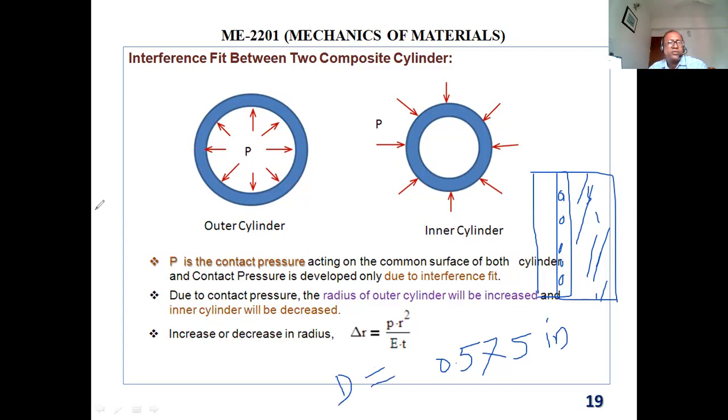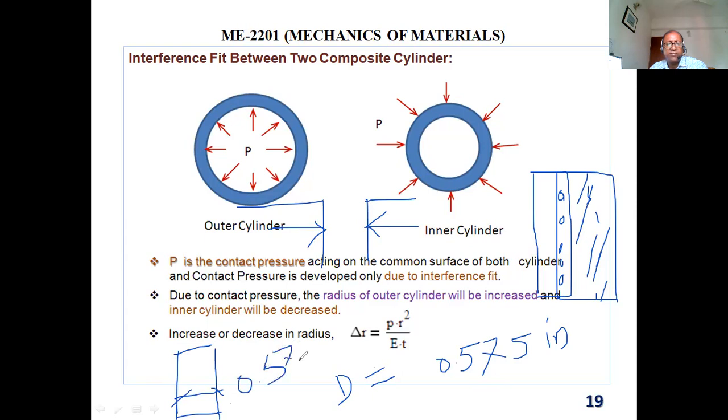Now, your hole diameter in the skin is this much that I put over here. So if you put a rivet of the same diameter, say the rivet diameter is also 0.575.